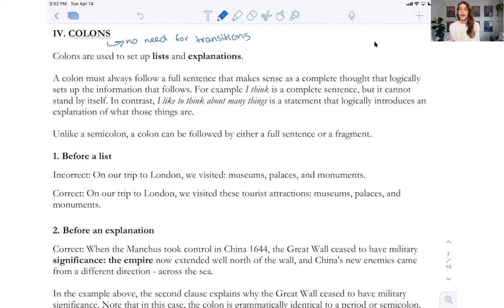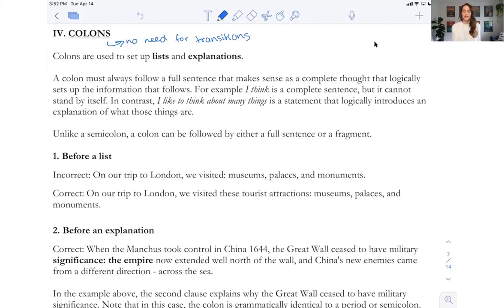So if you have to set up a quote, you could have an introductory phrase, put the colon there, then end with the quote. If you want to introduce information, again, the colon itself acts as the introduction.